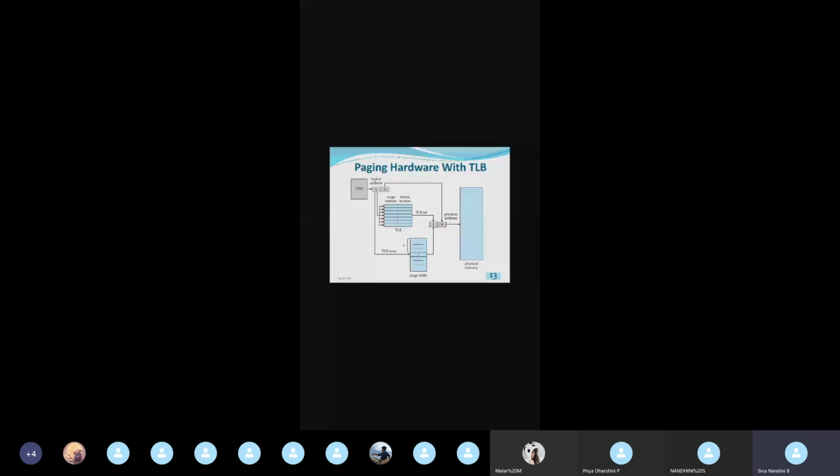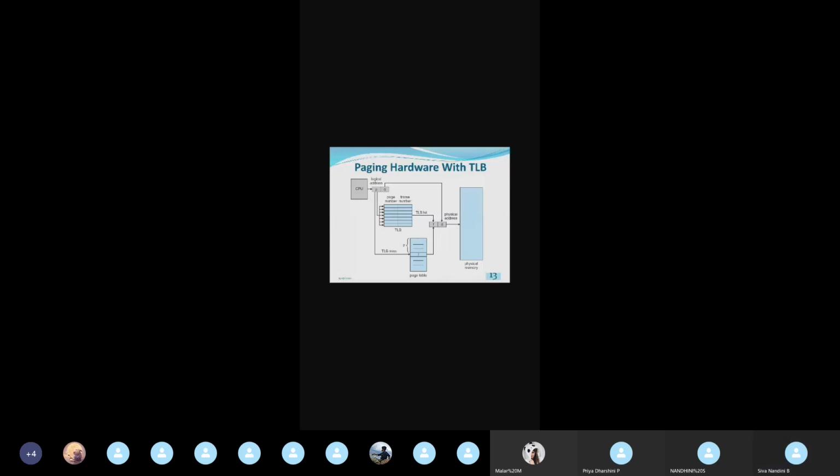As soon as we see a TLB hit, the corresponding frame number F is sent to the physical address, and the same offset D from the logical address is sent to the physical address.